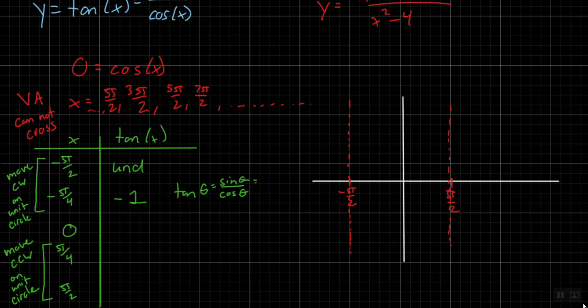Declan, we're at 7 pi fourths. What is sine at 7 pi fourths? Look at 7 pi fourths. Where am I at? So we're going to go to a coordinate. This x value is for cosine.